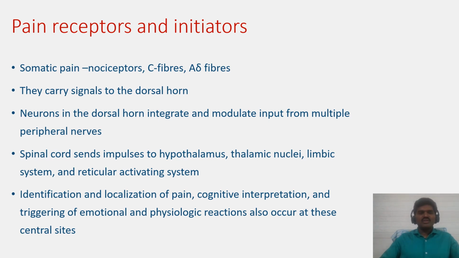They carry signals through the dorsal horn. Neurons in the dorsal horn integrate and modulate input from multiple peripheral nerves. Spinal cord sends impulses to the hypothalamus, thalamic nuclei, limbic system, and the reticular activating system. Identification and localization of pain, cognitive interpretation of pain, triggering of emotional and physiologic reactions also occur at the central sites, especially in the cortex.